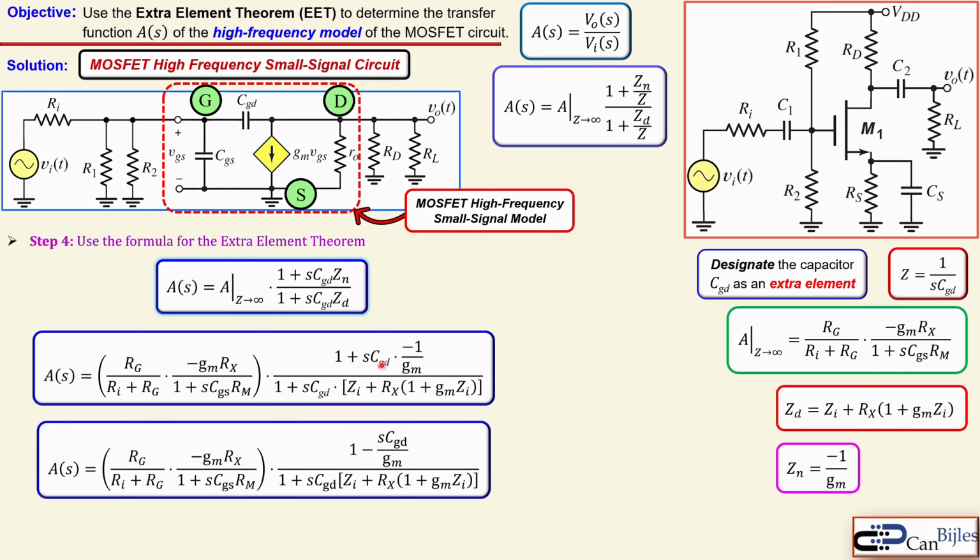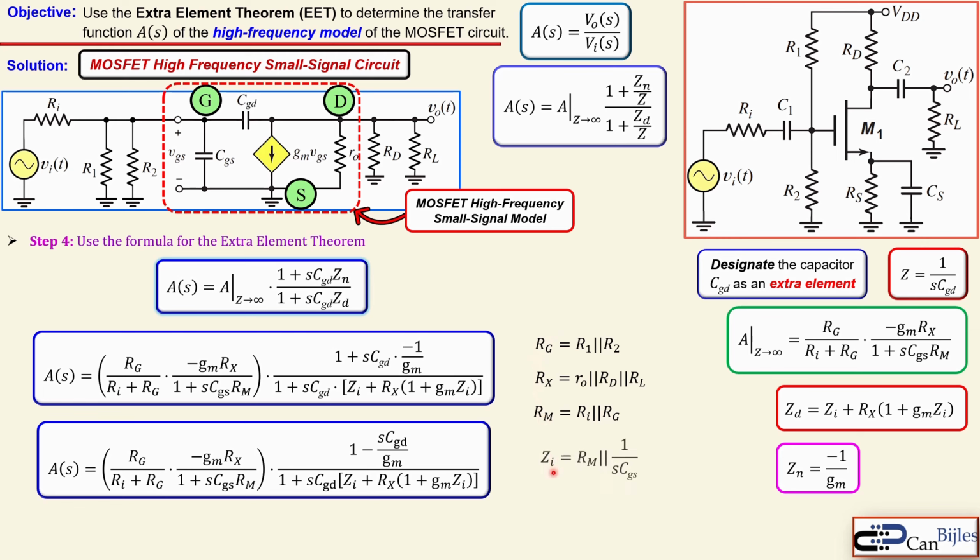So what I will do is I will bring this SCGD up and the minus sign in front. And I also see some other things I will do later, because the ZI I have to also work out in more detail, because that will include my capacitor CGS. So there are some hidden parameters in the Laplace domain. We have our RG, we have our Rx, and we have our Rm, which are our expressions for the resistors in parallel.